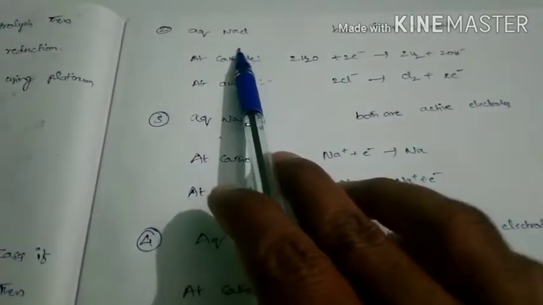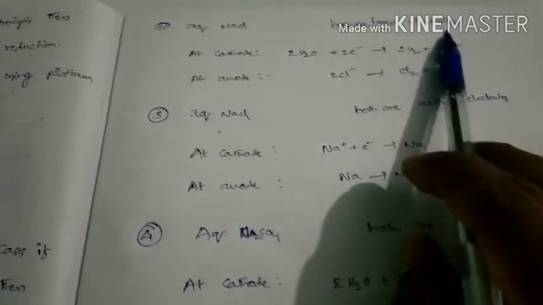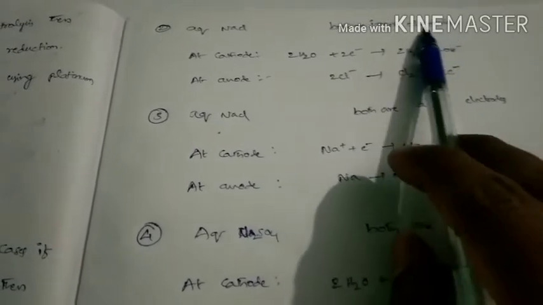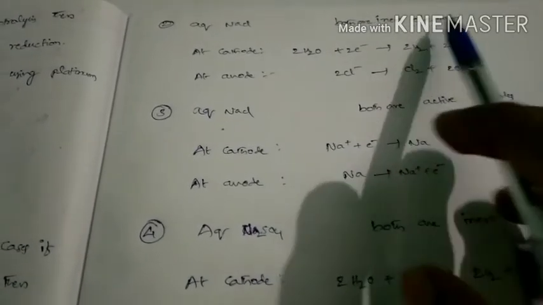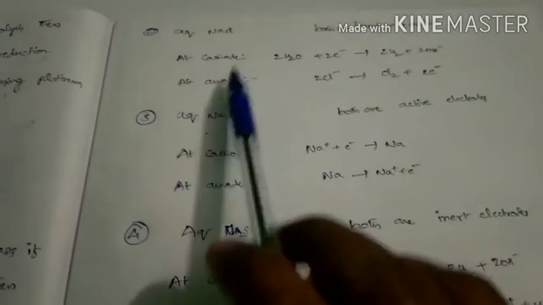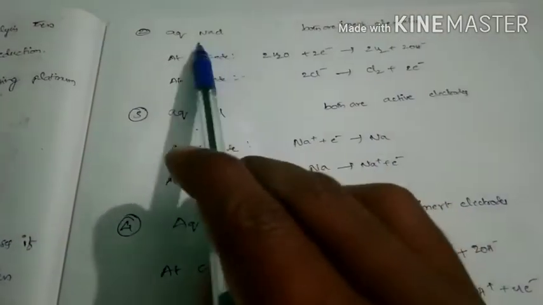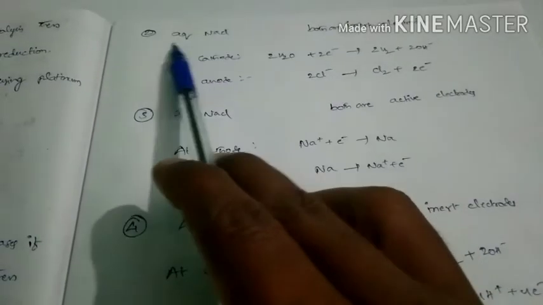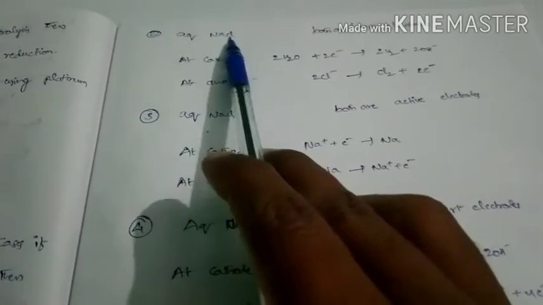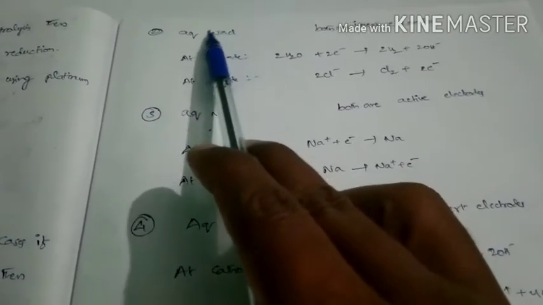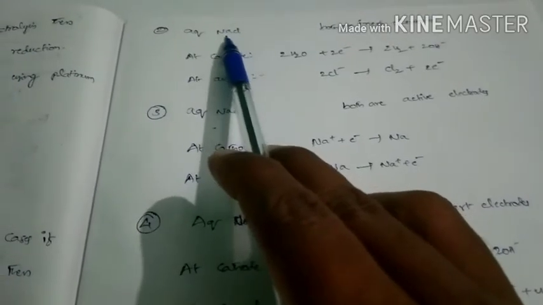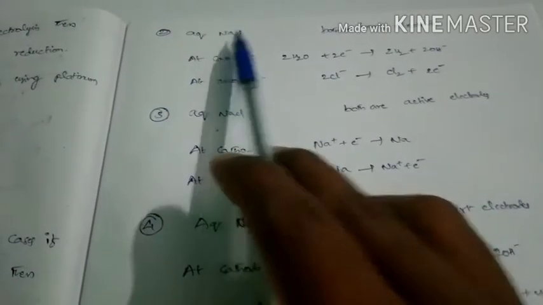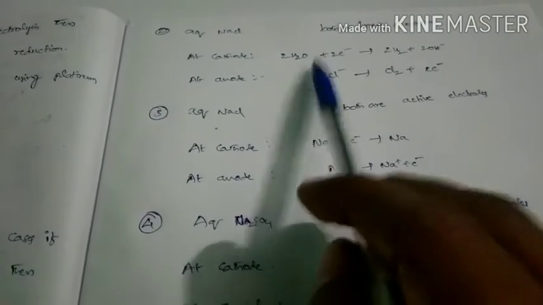Next, one more example: aqueous NaCl. Here also, both are inert electrodes. That means those electrodes are not involved in a chemical reaction. In the case of aqueous NaCl, Na plus is the cation. In aqueous compounds, if the cation belongs to group 1A, then water undergoes reduction.